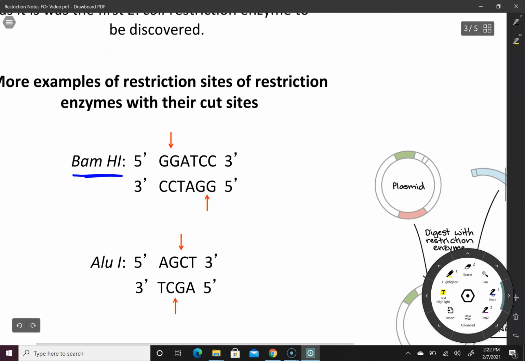This is looking for GGATCC, where it makes its cuts in between those two G's. This will produce what are known, again, as sticky ends. Very good for scientists. But AluI is not going to make sticky ends. That's going to look for AGCT, going that way and AGCT going that way, and it's going to cut between the G and the C, and since it's a clean cut, that would be known as a blunt end.